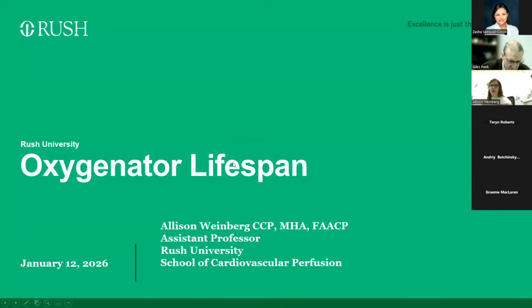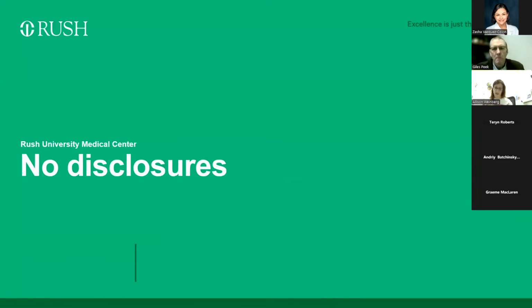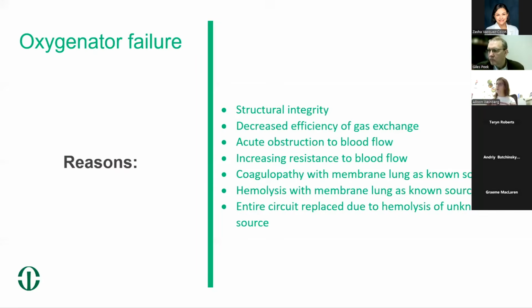Well, my talk is nowhere near as scientific as everybody else's, but I am going to talk about oxygenator lifespan, which seems like a fairly easy topic, but it's not quite as easy as it sounds. I do not have any disclosures today. So oxygenator failure: you see before you ELSO's criteria for oxygenator failure.